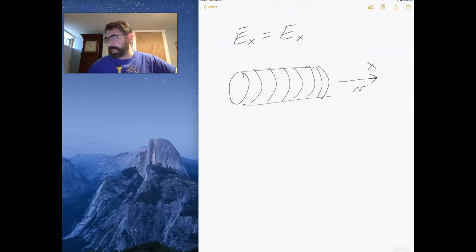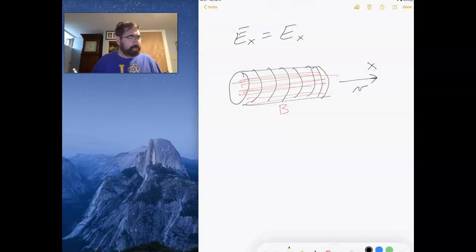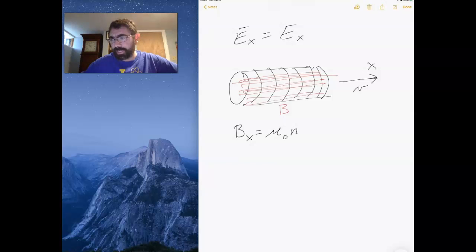The reason we've chosen a solenoid is that along the central axis, the magnetic field lines point in the direction of motion. The equation for the solenoid in the S frame is mu0 n I, where n is the number of loops per unit length, times the current.